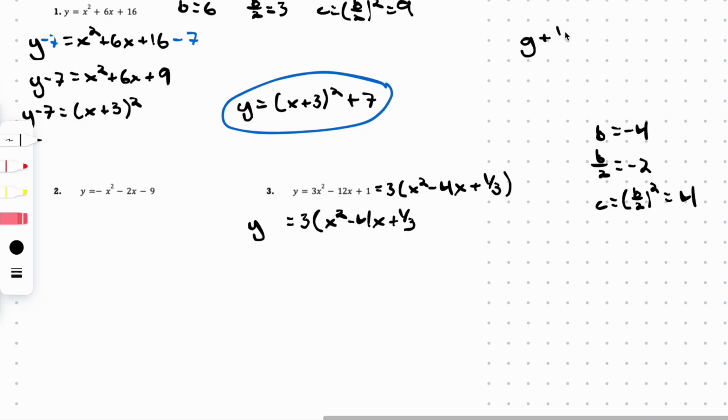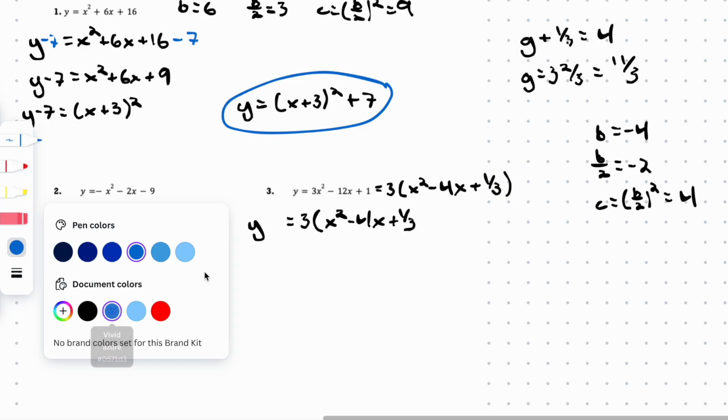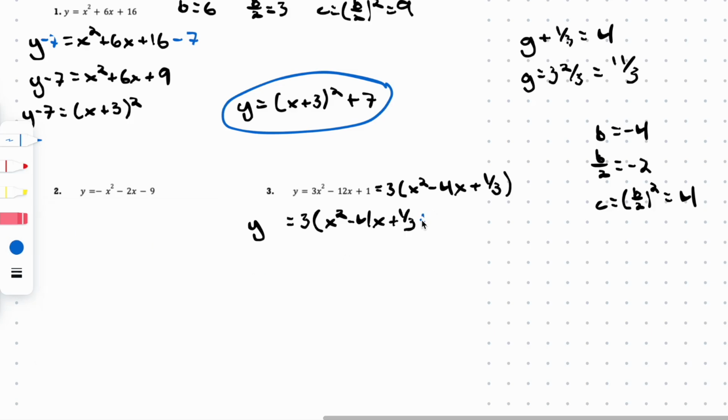G plus 1/3 equals 4. Well, g would have to be 3 2/3, which is just going to be the same as 11/3. So I'm going to say plus 11/3.